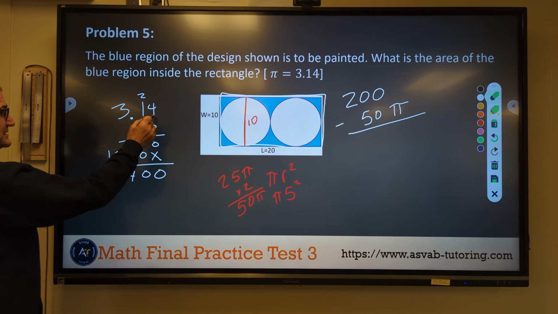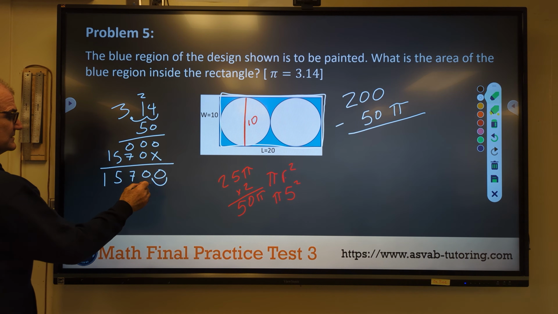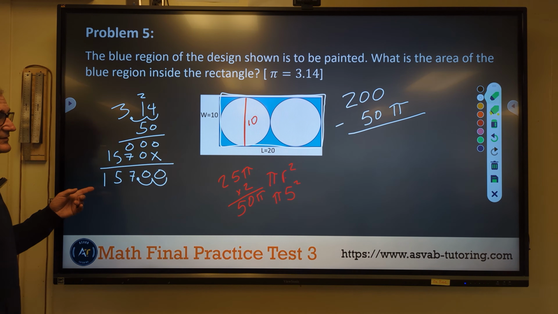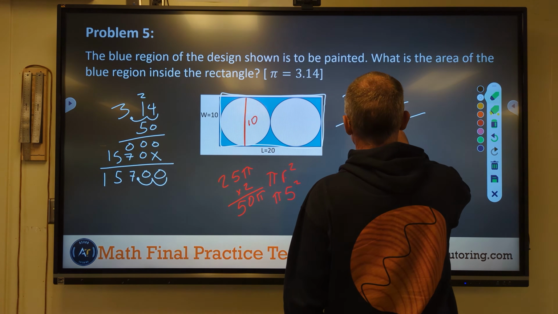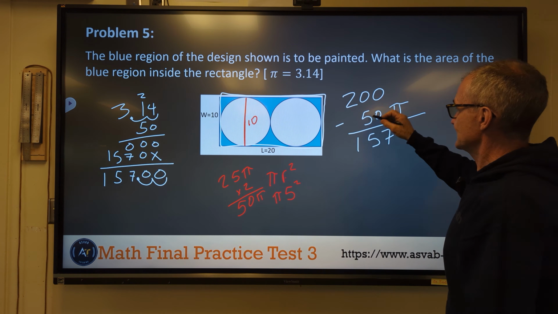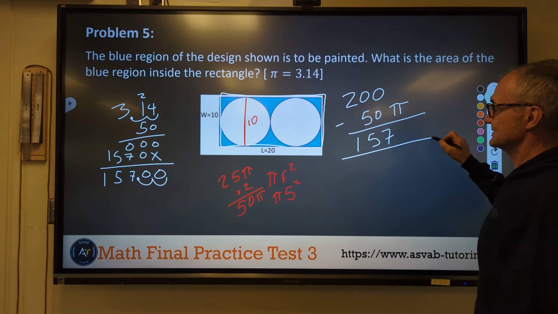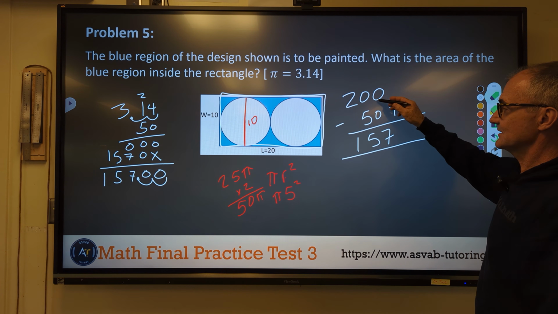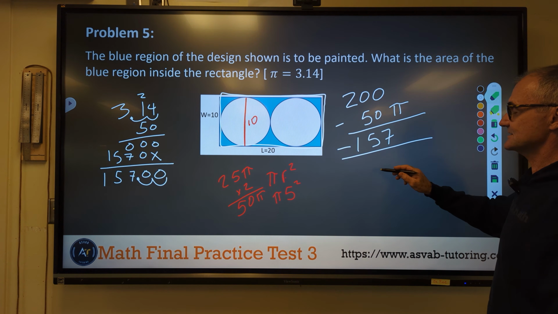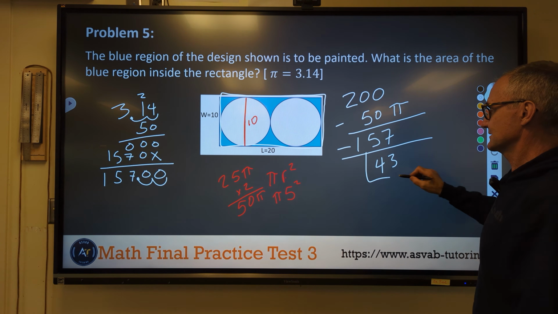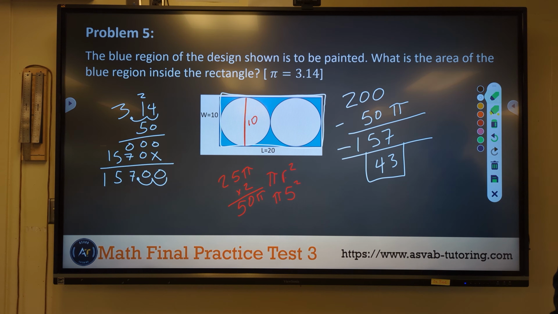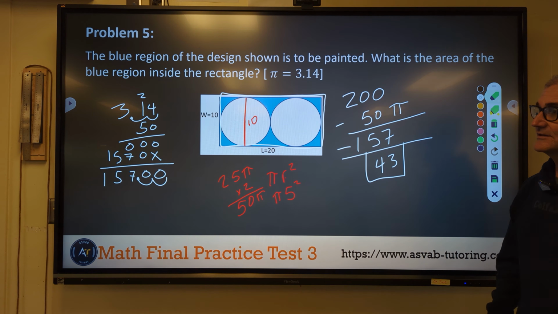My decimal place is over 1, 2, so I go over 1, 2, and I get 157. And we were approximating at 150, so 157 is pretty close. So 50 pi is equal to 157. 200 minus 157 is going to give me 43. So there's my answer right there. The blue region is 43.